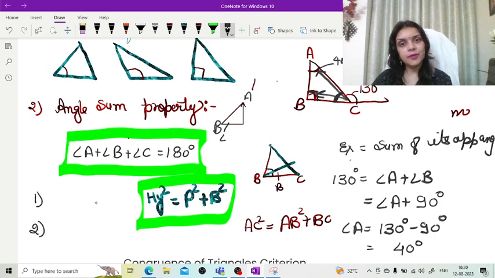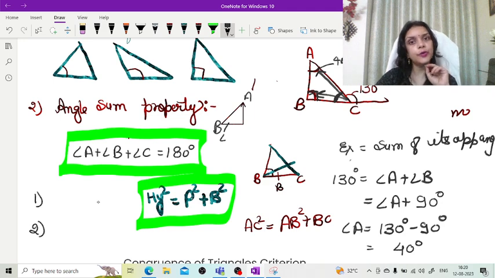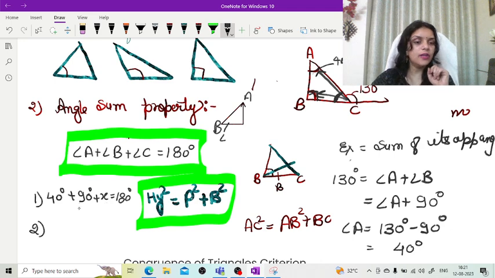According to angle sum property, sum of all three interior angles of a triangle should be equal to 180. So this is interior angle. First interior angle is 40, second interior angle is 90, and third angle we don't know, so we are assuming x. It will be equal to 180, right? From here you can find out the value of x.